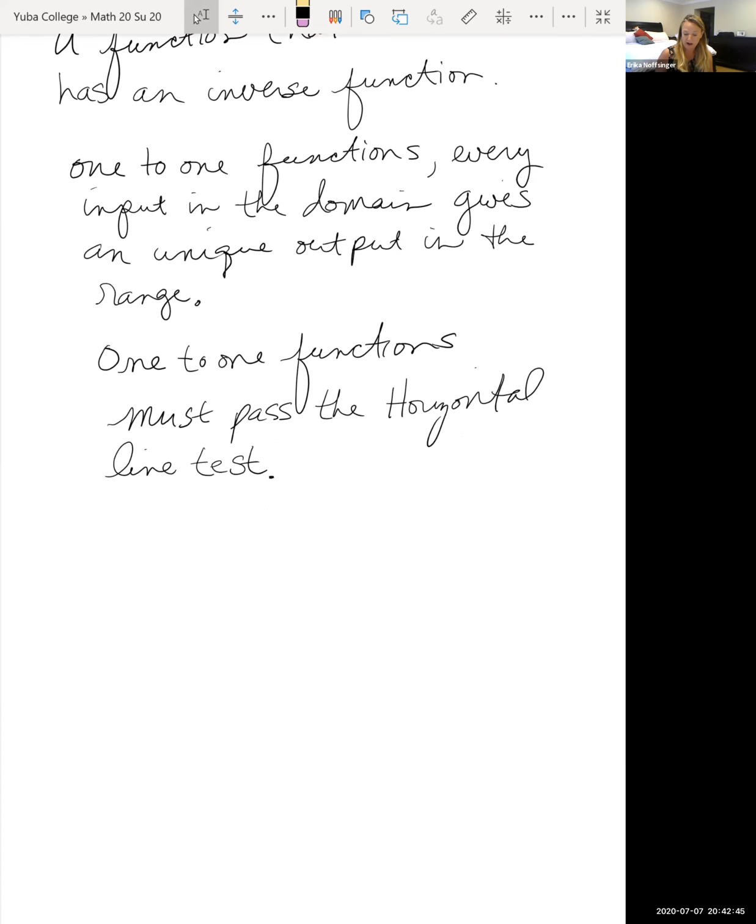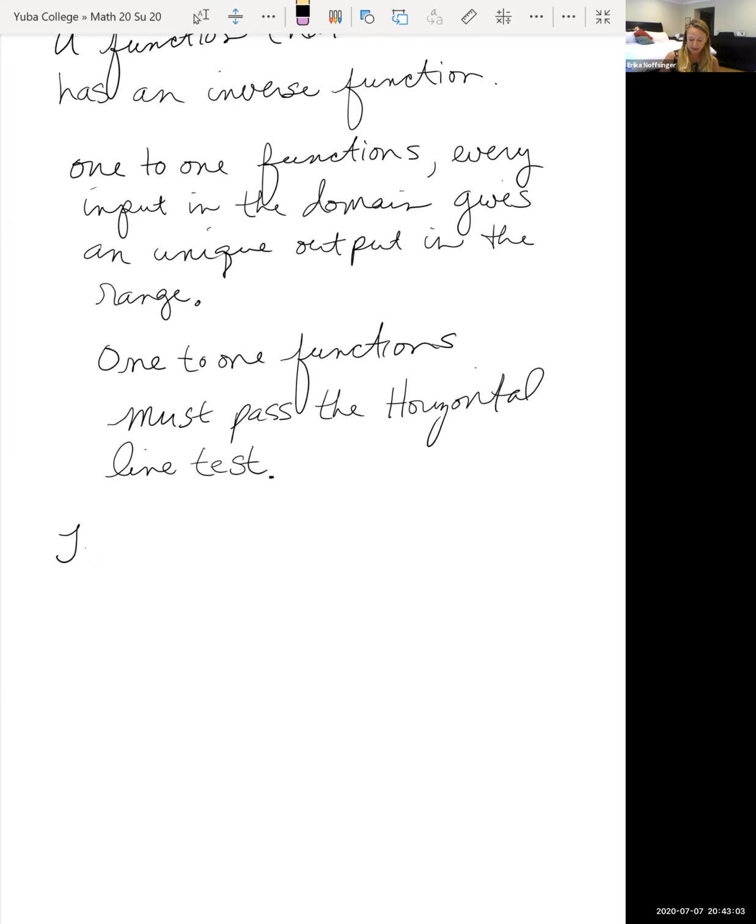One other thing, I already stated it, but let's just put it on there. To find an inverse function, if it exists, you're going to swap x and y and solve for y. And once you get y by itself, and there's no other y in that equation, that is your inverse function.